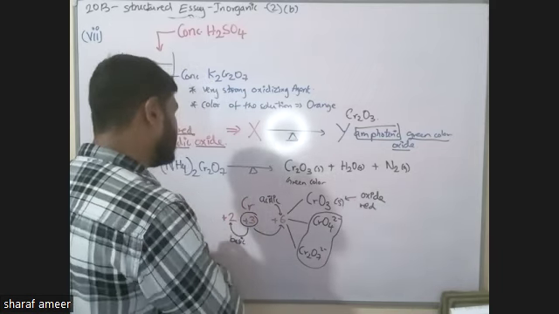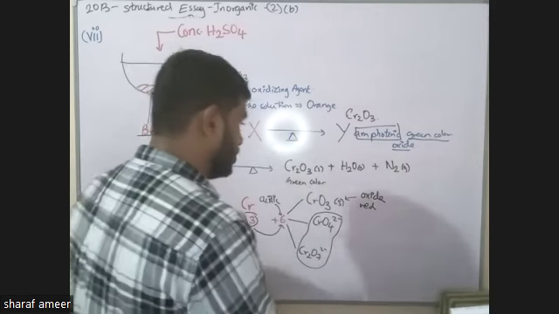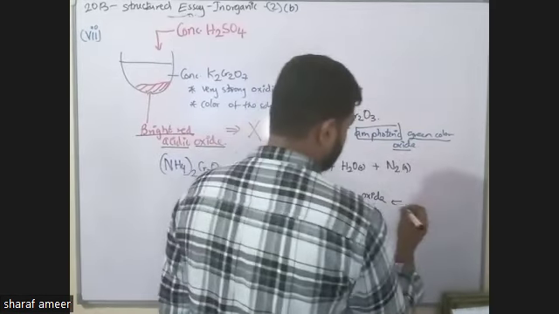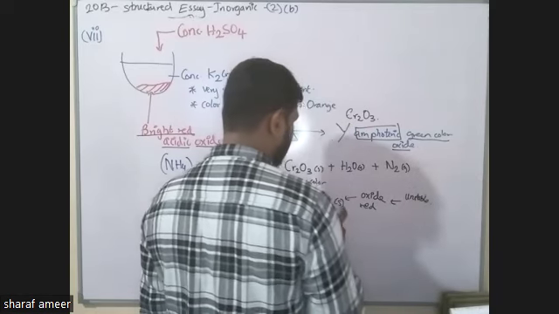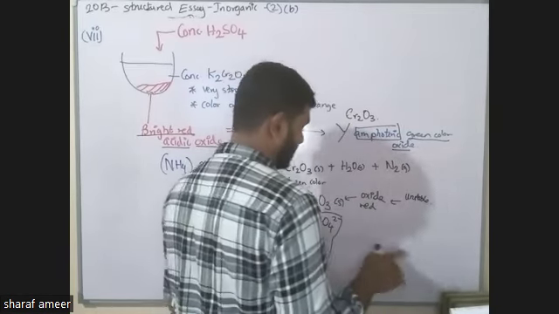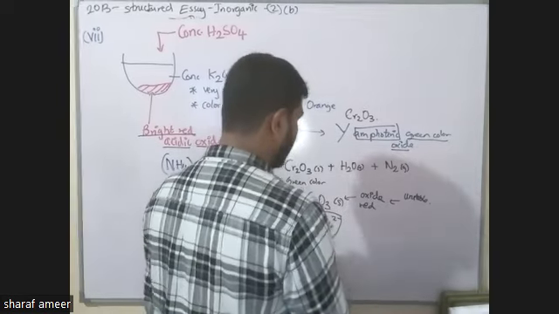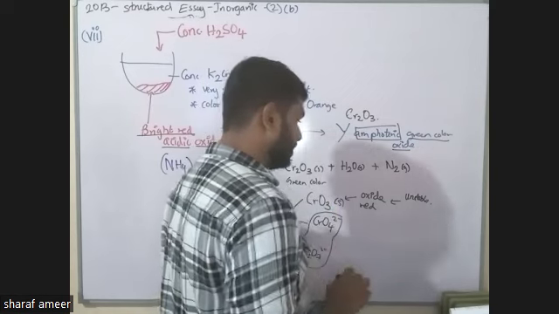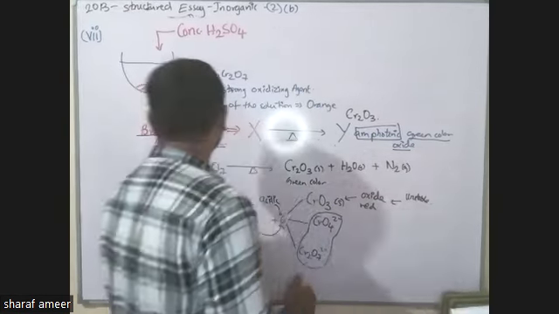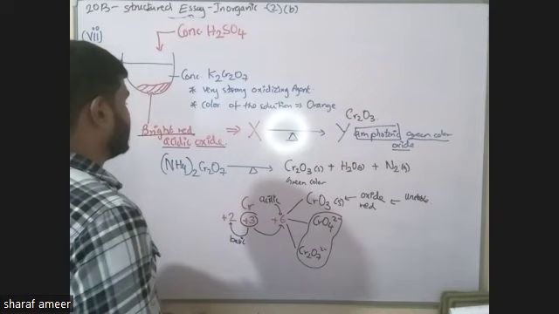This particular product is quite unstable at room temperature, while the other two are stable. So CrO3 is the bright red acidic oxide.